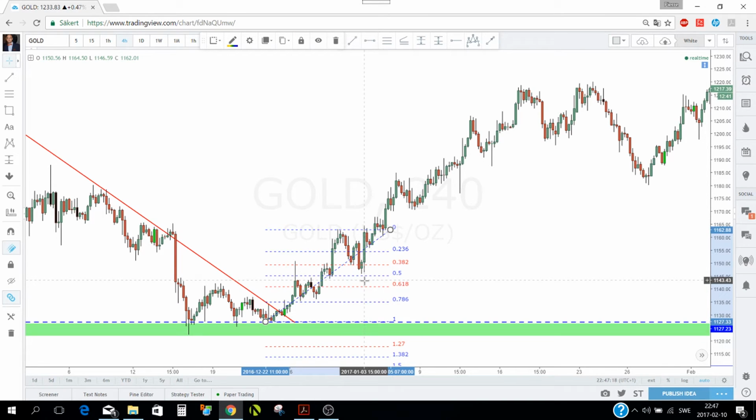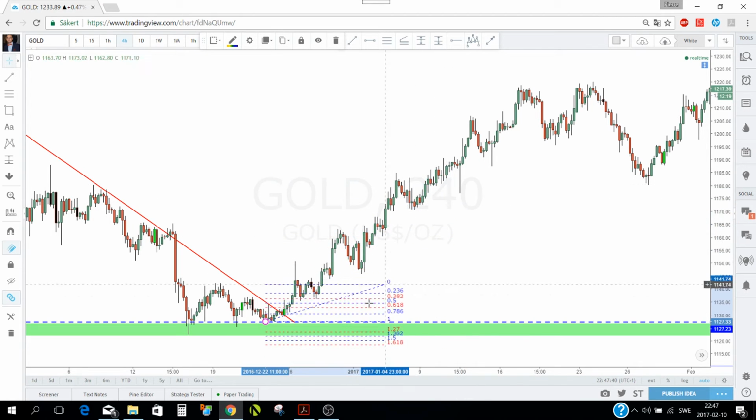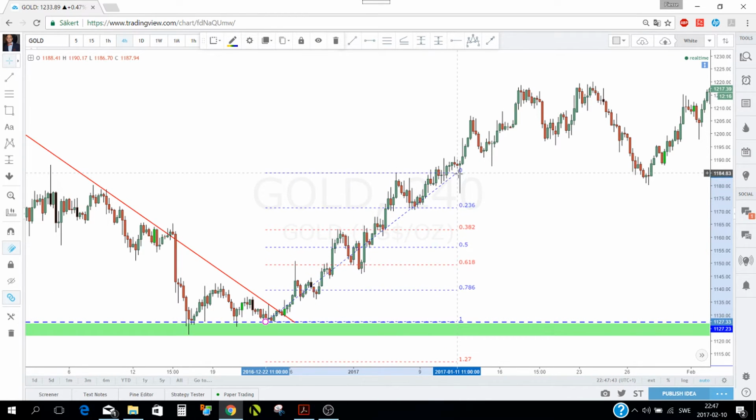Then, as you see here, our next major swing high was at this level, and what you can do now is move this whole swing, now from this low to this last high, and I usually just redraw this Fibonacci retracement to the last swing high, and I also take a new one, as this was our last swing low before we broke this last high.